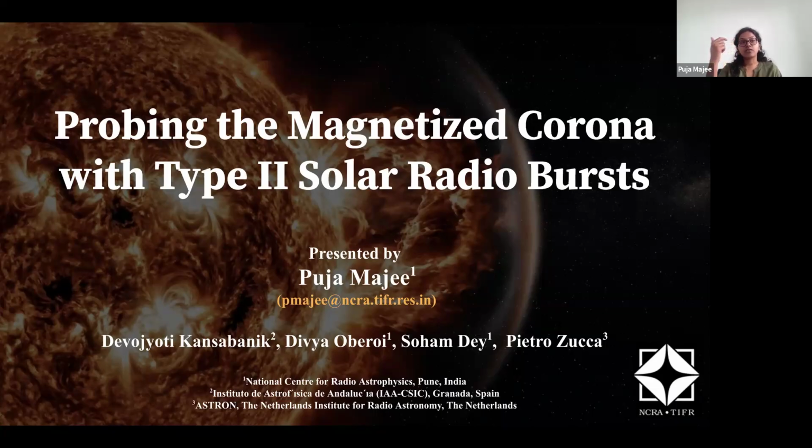This coronal magnetic field is basically the primary engine for all solar activity, and the geoeffectiveness of solar eruptions such as coronal mass ejections or flares, which are one of the main potent drivers of space weather around the Earth, is driven by the coronal magnetic field.